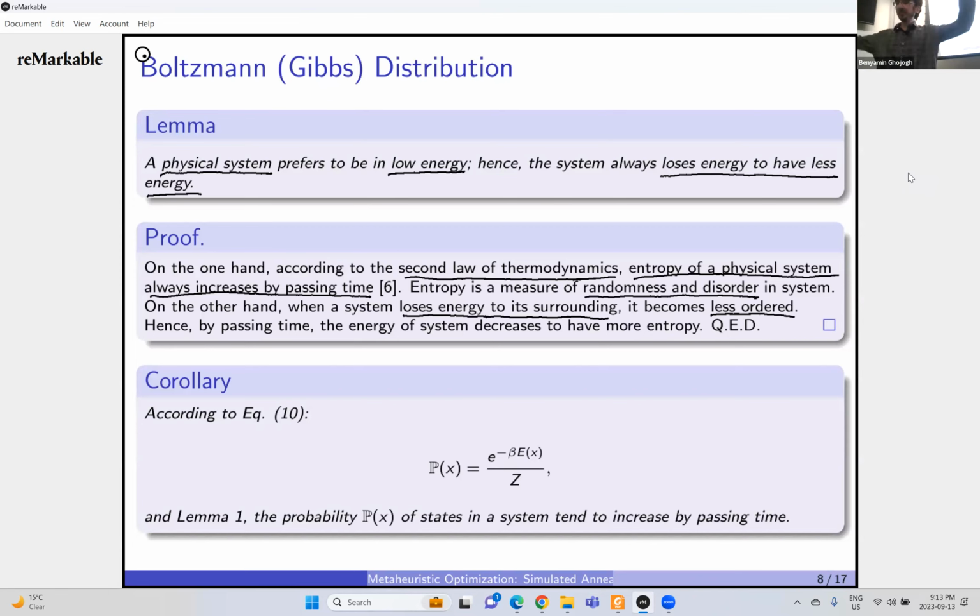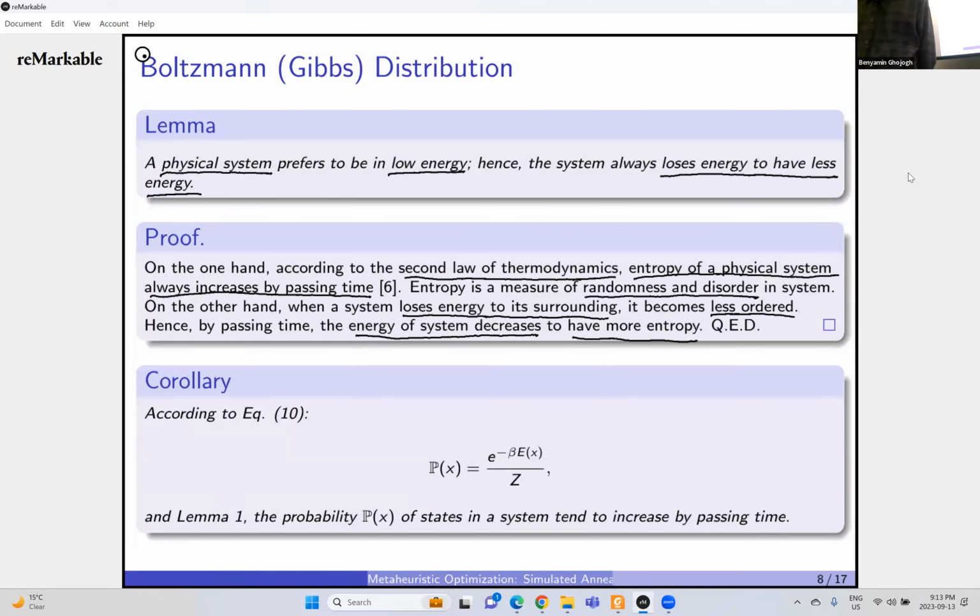When it loses energy, it becomes less ordered. Hence, according to these two, by passing time, the energy of a system decreases to have more entropy, right? The energy must decrease, so its entropy goes up. If you combine these two, you will get the third sentence.